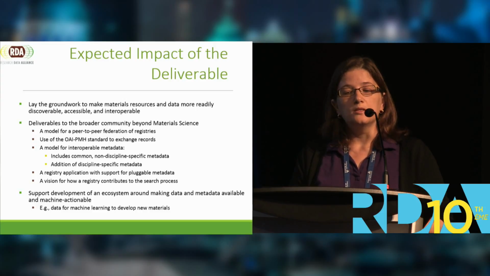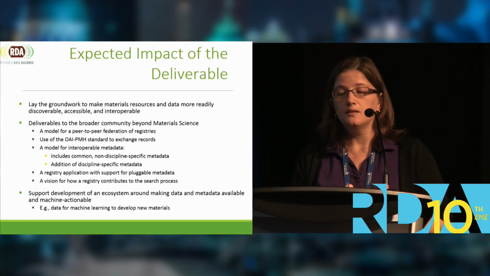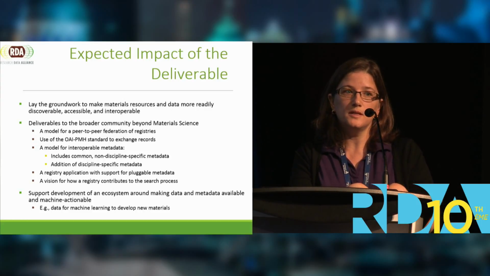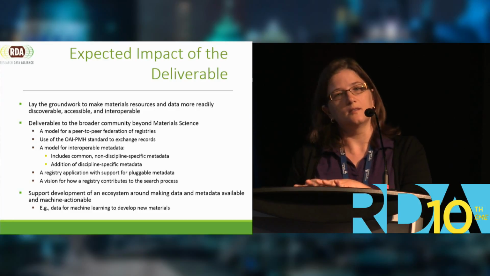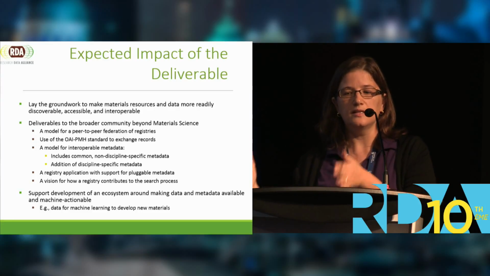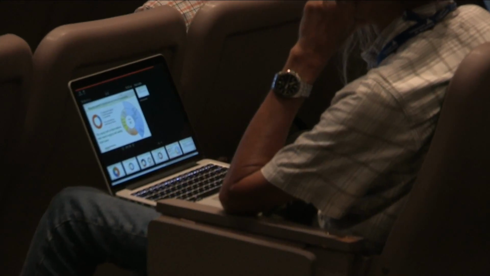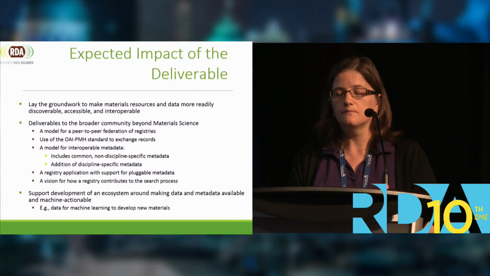We are working to provide a model for interoperable metadata that includes both common, non-discipline-specific metadata, as well as the discipline-specific part of it. So the material science in this case is the discipline-specific part, and that can be adapted for different purposes.